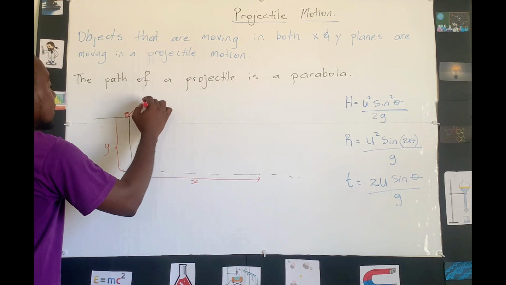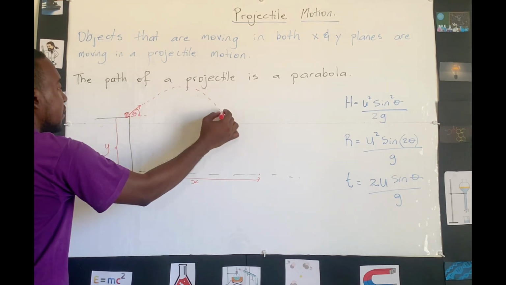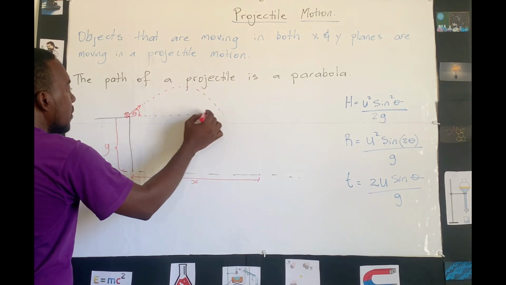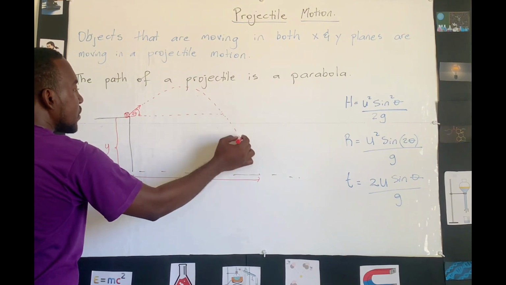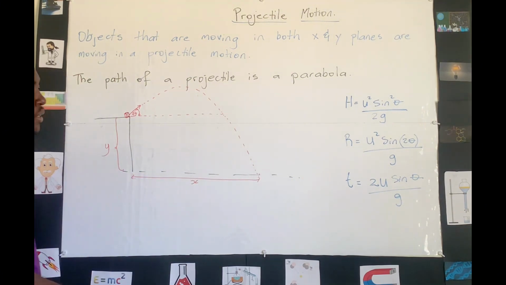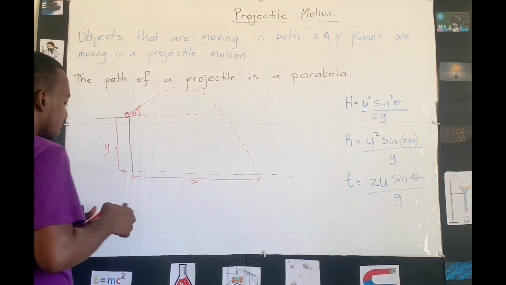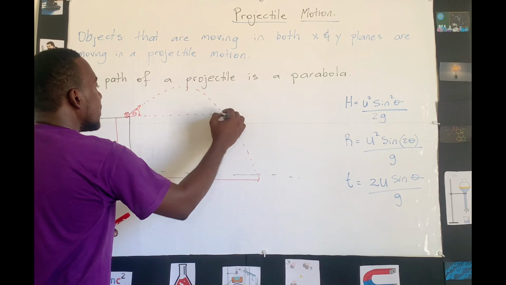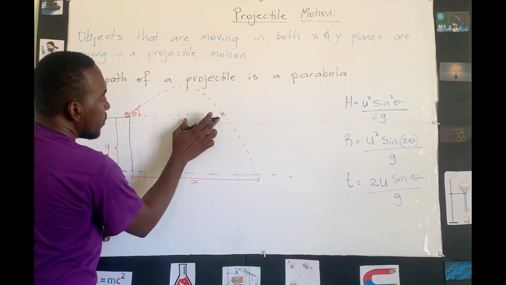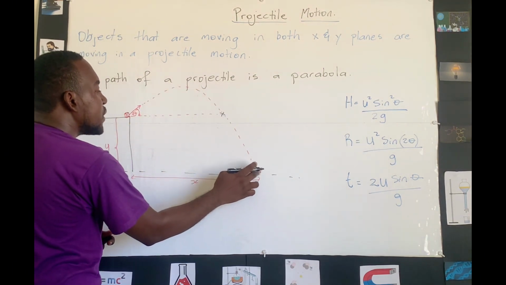So we know it's going to go up, come back down to this level, but it's not going to stop there. It's going to come right back down. All right. So what we see here is that this point right here is a full projectile, but there's an extension to that full projectile.